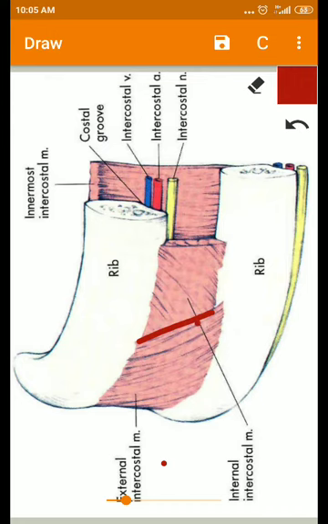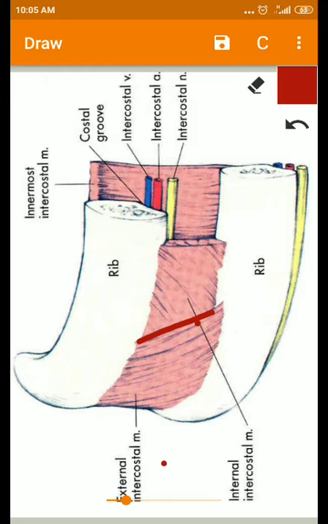From where to where it extends, now we are going to see. In each intercostal space, so this is one rib and this is one rib, this is one intercostal space.